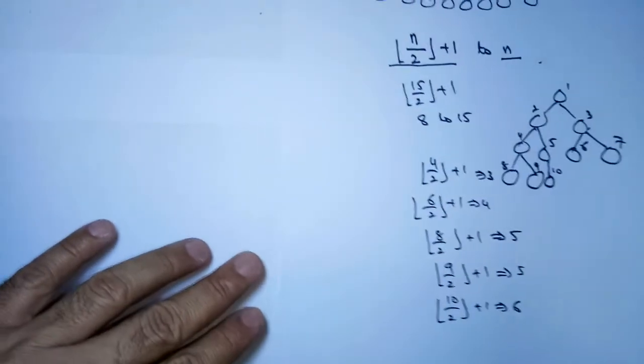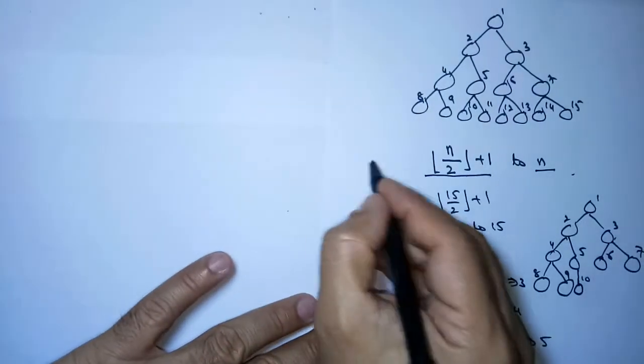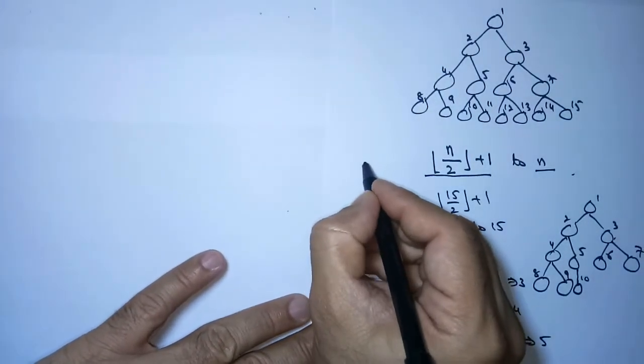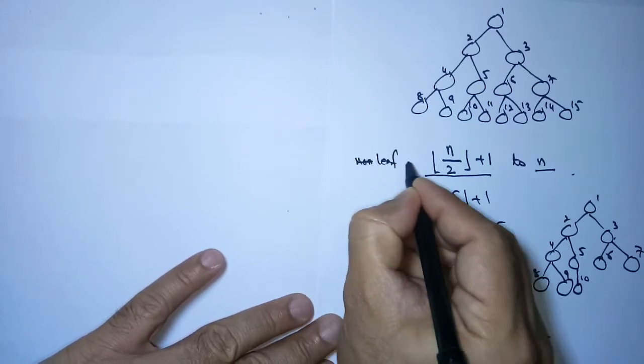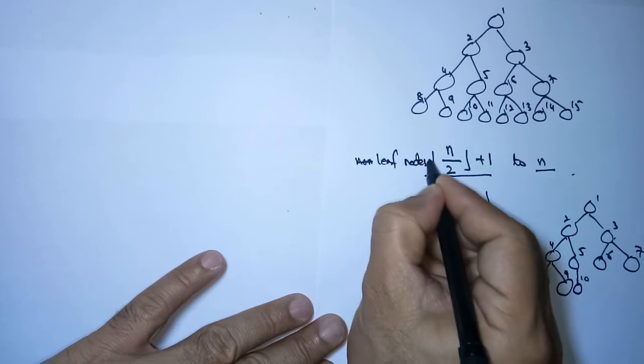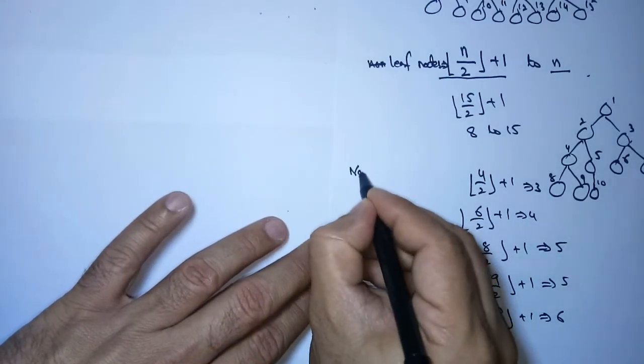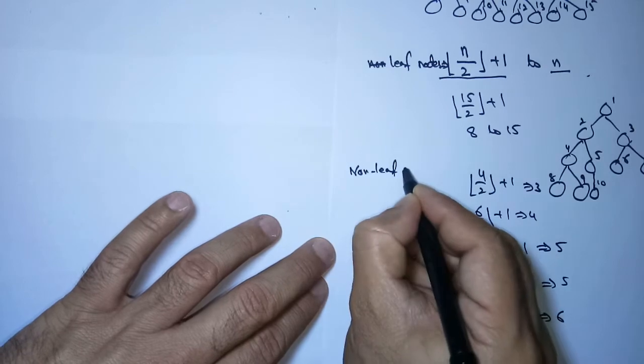This is for leaf nodes. So for non-leaf nodes, what should I do?